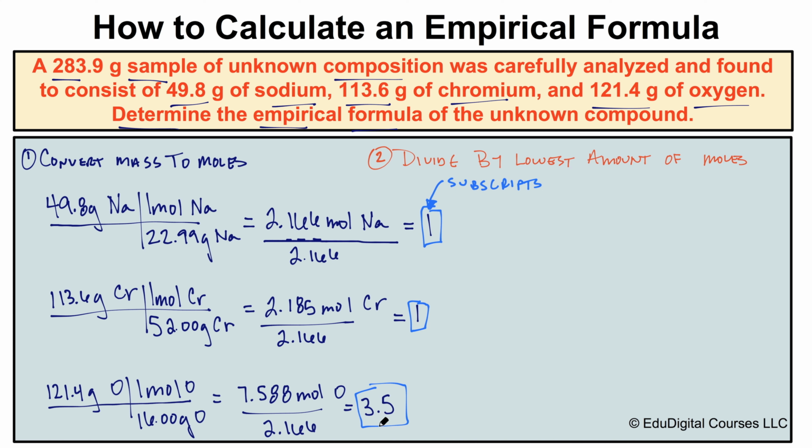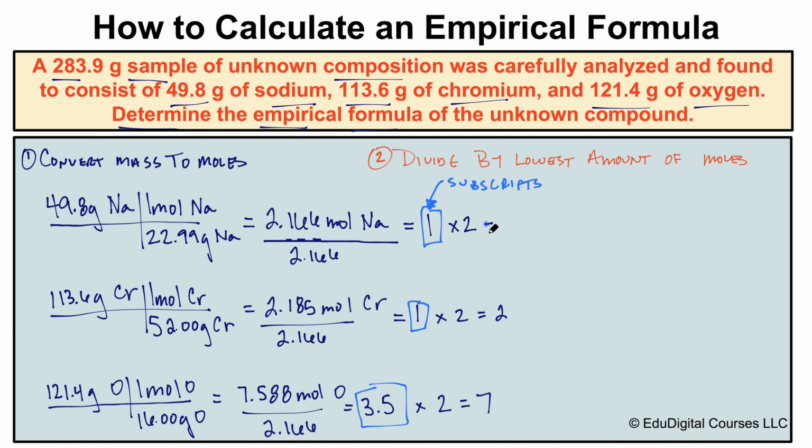The way that we get rid of a number that has a decimal that reads 0.5 is to multiply all of these subscripts by 2. So if we multiply all of these subscripts by 2, we can see right here that by multiplying this number by 2, we're going to end up with a whole number.